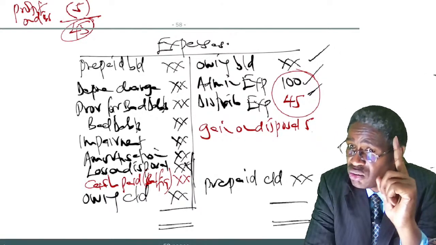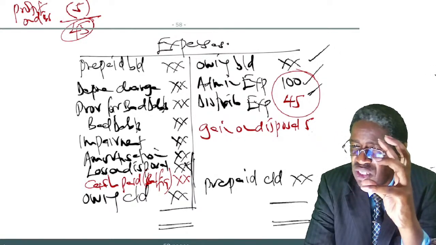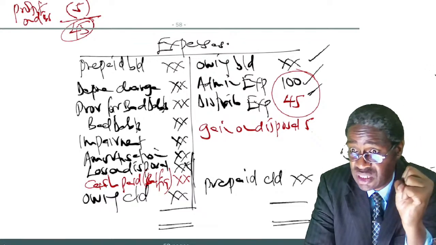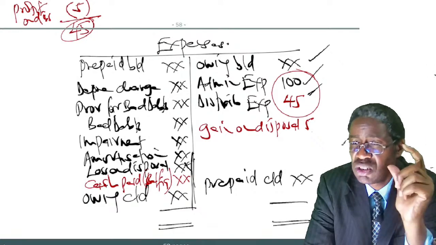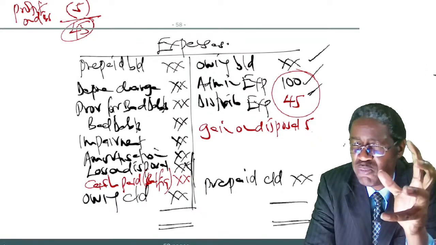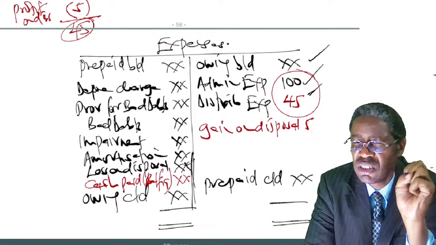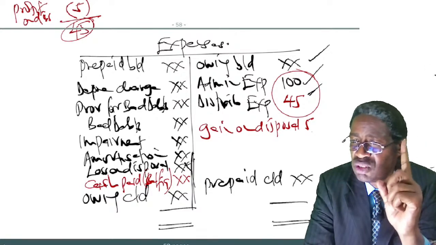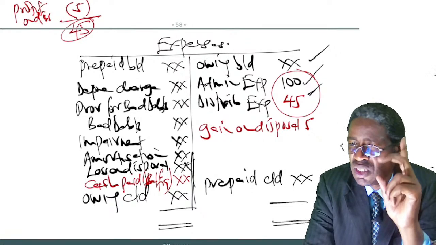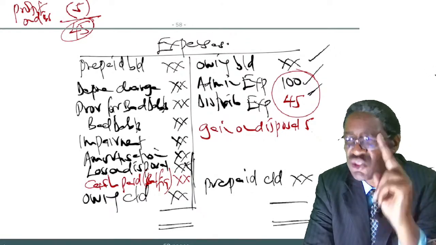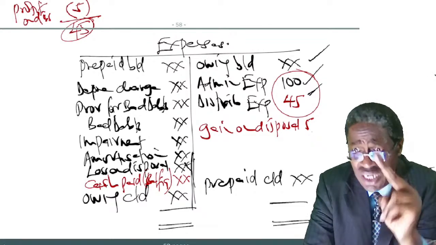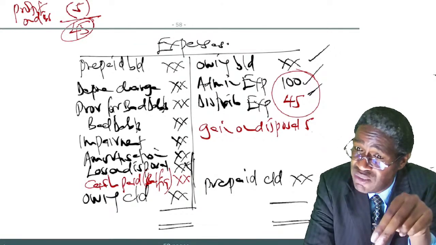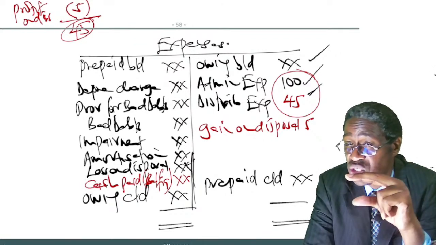Then ask yourself, within the charges, are there non-cash items? Yes: depreciation, provision for bad debts, impairment, bad debts, amortization, and so on. Then the key point: gain or loss on disposal. Are they non-cash items? Yes. Are there times we use them in the expense account and times we don't? Yes.